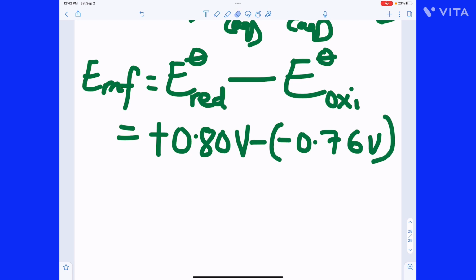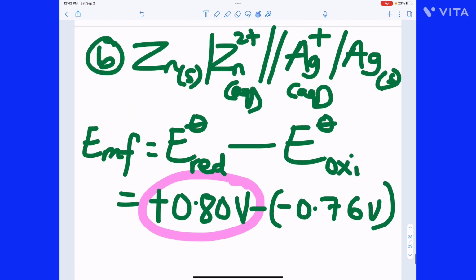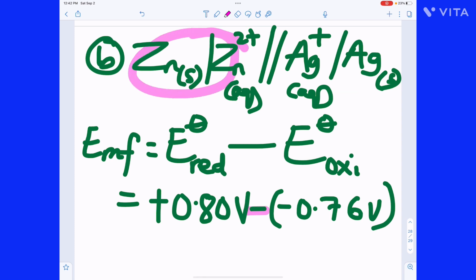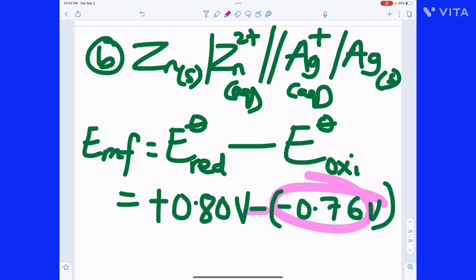So I will write that the EMF of my cell is the standard electrode potential of the reduction half cell, which is this, minus the standard electrode potential of the oxidation half cell, which is, you understand, the zinc half cell, which is this. So that gives me my answer.